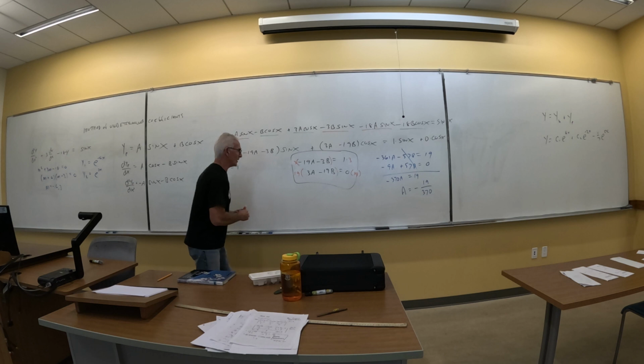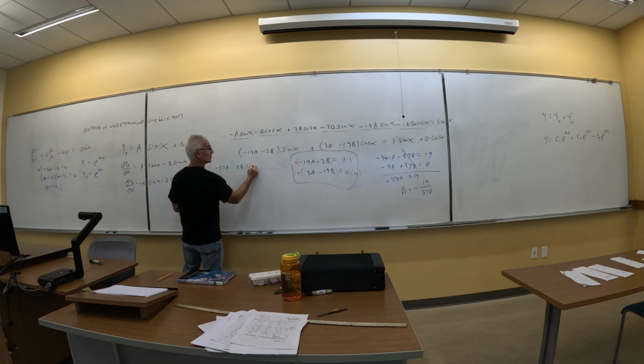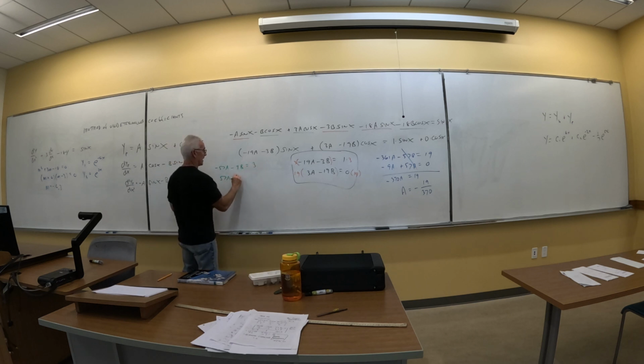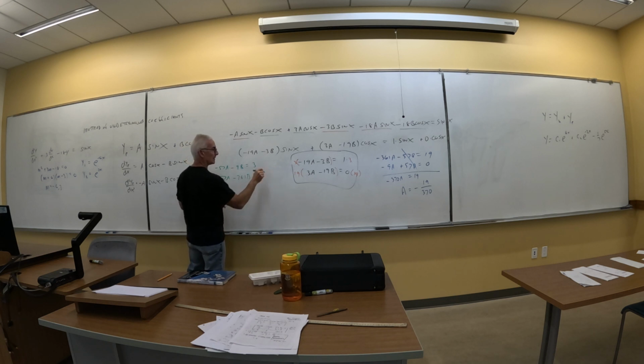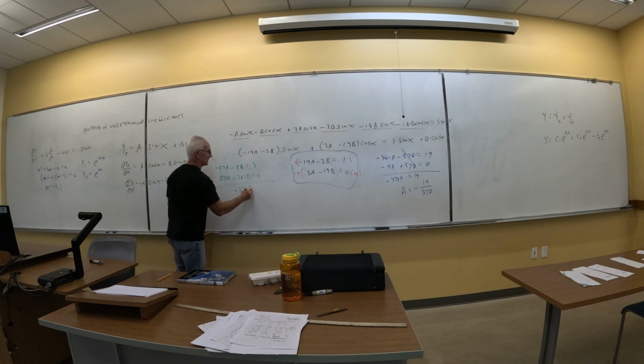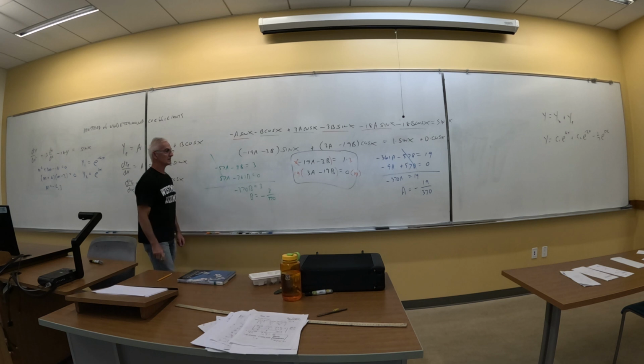That might not have worked so well. So negative 57a, negative 9b equals 3, positive 57a minus 361b, and that equals 0. So negative 370b equals 3, so b equals negative 3 over 370.